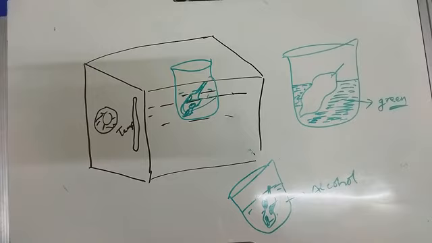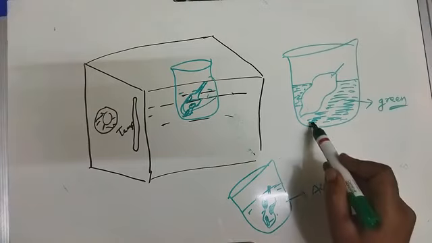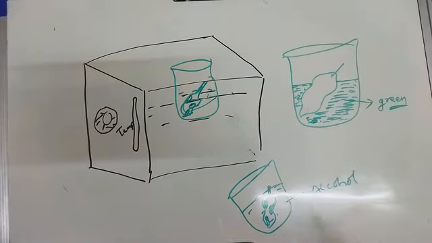If chlorophyll is present, we cannot do this activity. So chlorophyll must be removed. By dissolving chlorophyll in the boiling alcohol, we are removing it. So the solution turns green because the chlorophyll is getting dissolved in that alcohol.